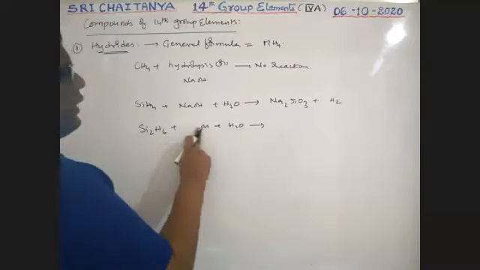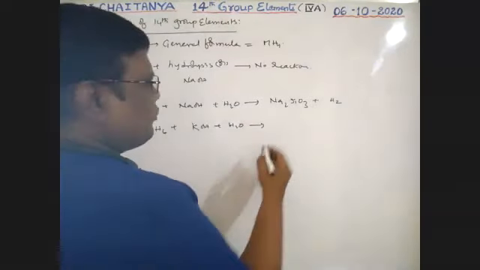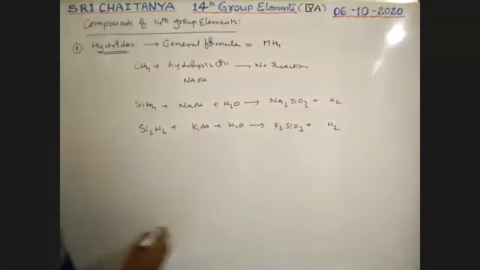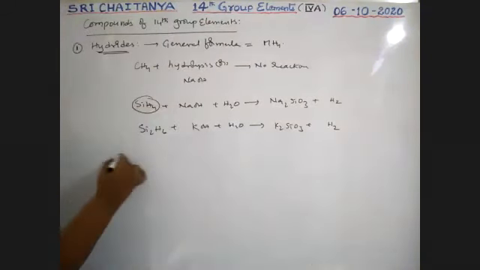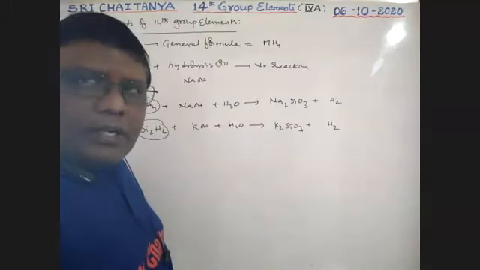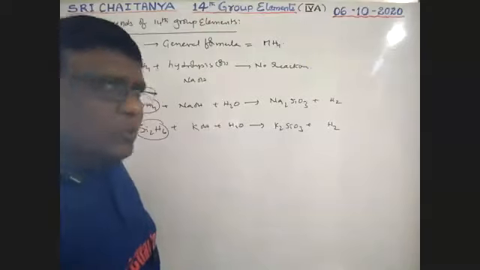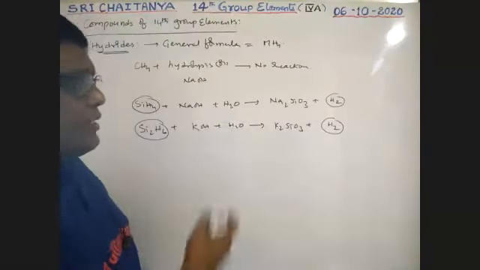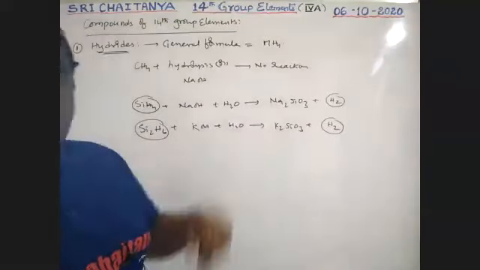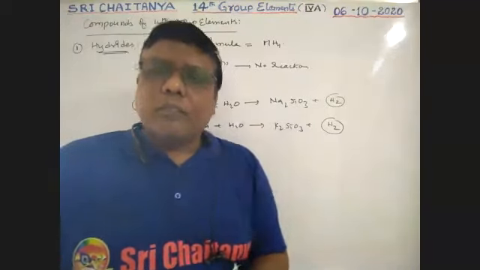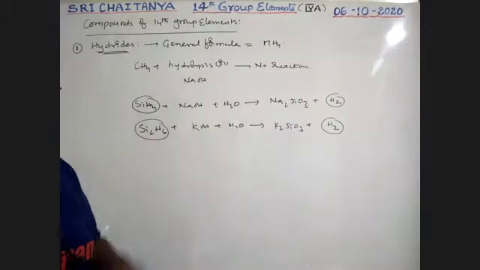Let us take KOH, both are the same, boys. It gives K2SiO3 and also liberates hydrogen gas. So monosilane, disilane, whatever it may be, silicon reacts with water, and with alkali also, and liberates hydrogen gas. Sodium silicate is the product. So reactivity increases.